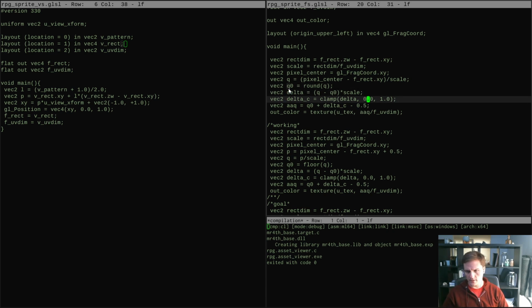Take the difference of Q times scale and then clamp it to the half unit box like this. Q naught plus delta C, sample. That should do it, I think.